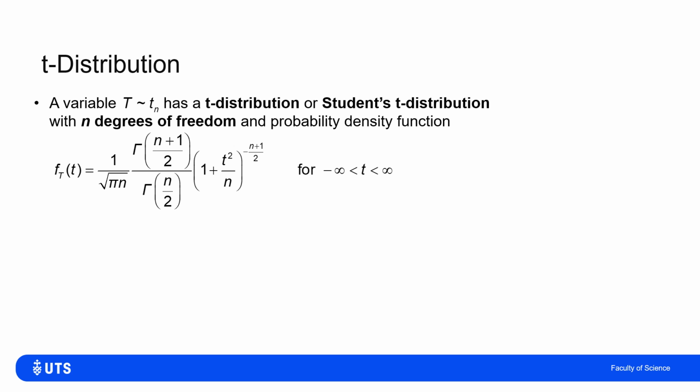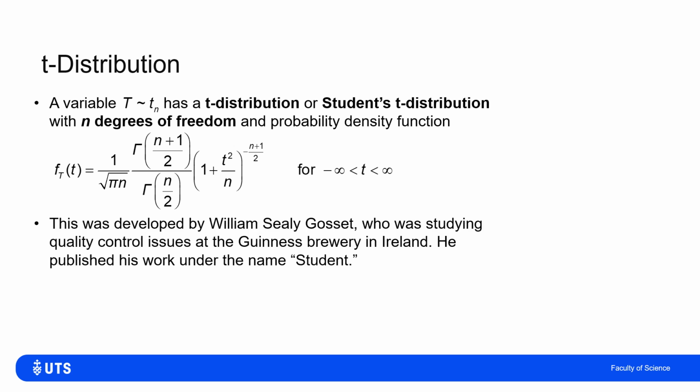And this is the greatest piece of mathematics or statistics ever invented for the love of beer. It was developed at the Guinness Brewery in Dublin by William Sealy Gosset, who was a statistician looking at quality control issues in the beer. I'm not sure why, but he didn't publish his work under the name William Sealy Gosset.